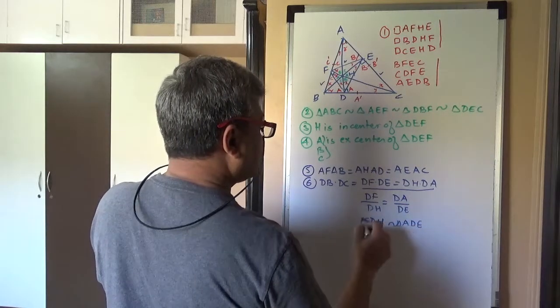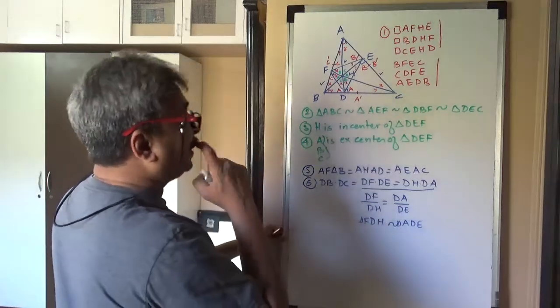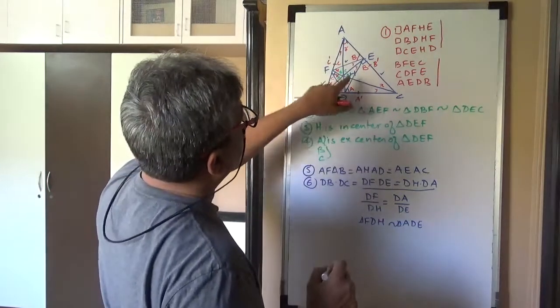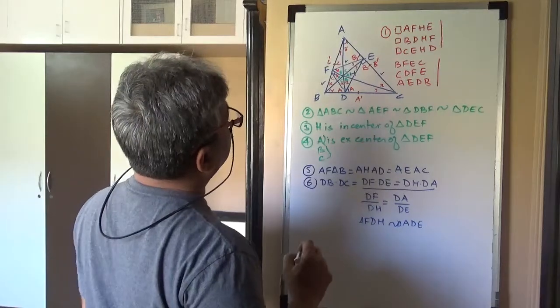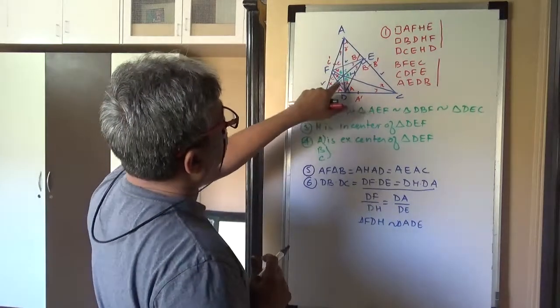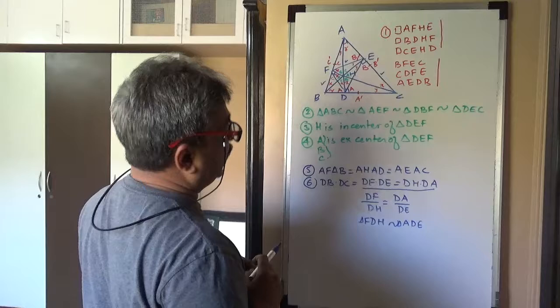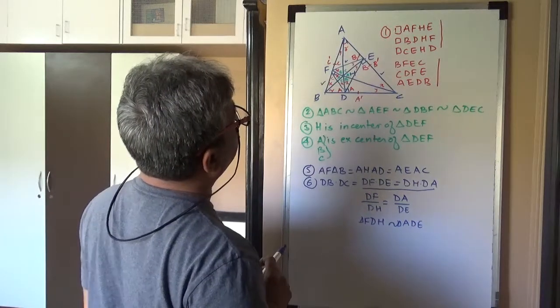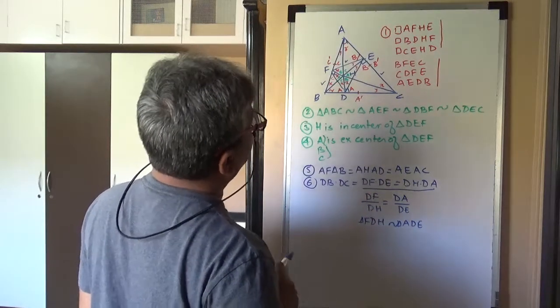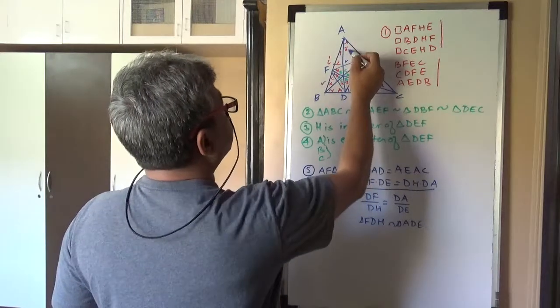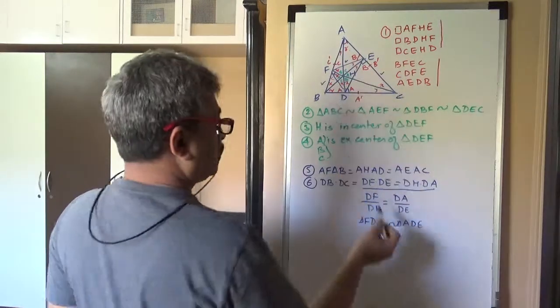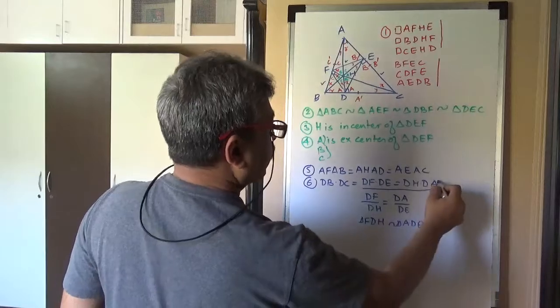If FDH is similar to triangle ADE, then my job is over. FDH is the triangle having angles X, Z, and ADE has X, Z. These are the two angles X, Z. So these two triangles are similar, and therefore I get this result.